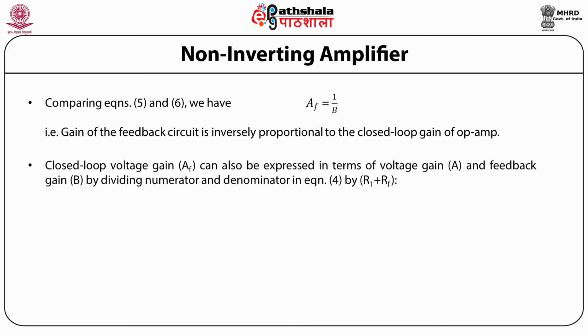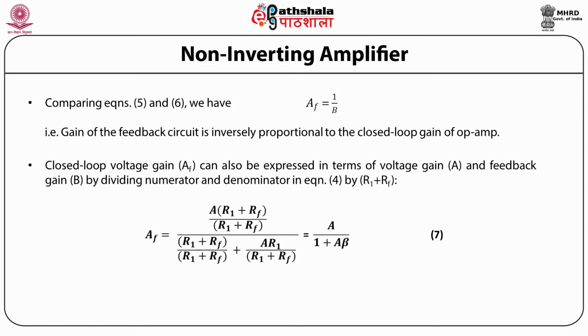Now, the closed loop voltage gain AF can also be expressed in terms of voltage gain A and feedback gain B by dividing numerator and denominator in equation 4 by (R1 plus RF).